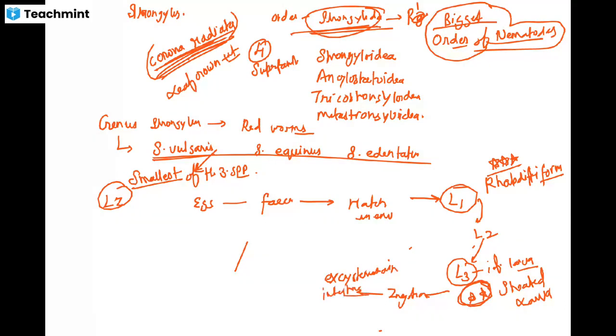Then around after 1 week, it migrates to the mesenteric artery. Here, it causes thrombi and aneurysm of blood vessels.